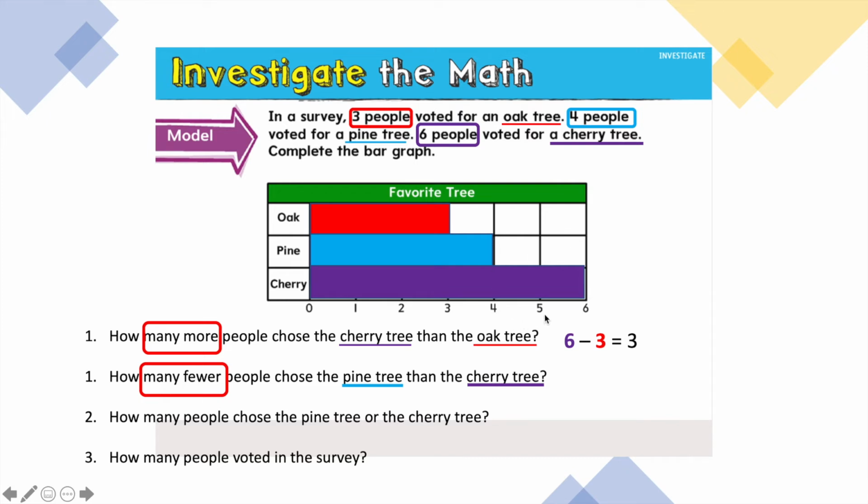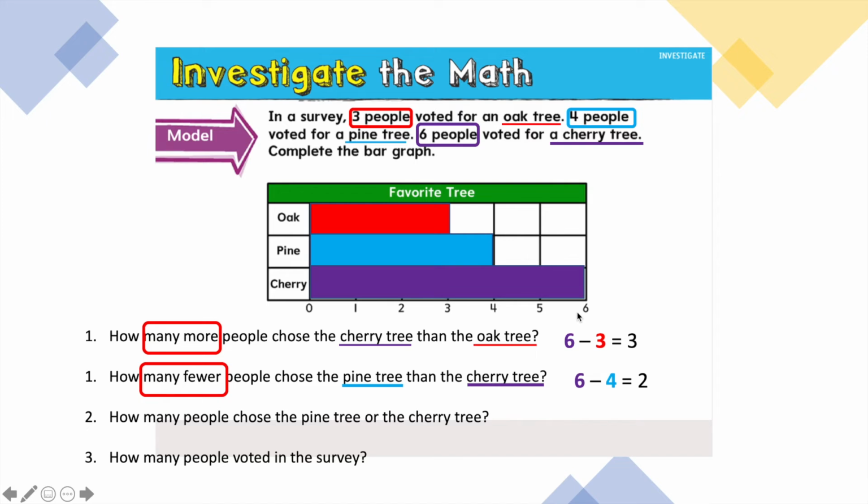So how many fewer votes does the pine tree have? Right? It would be 2. Again, I can compare with the 1-to-1 match, or I can subtract. So I would look at the cherry tree because it's the one with the most votes.